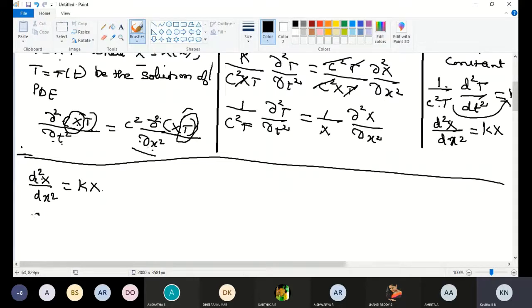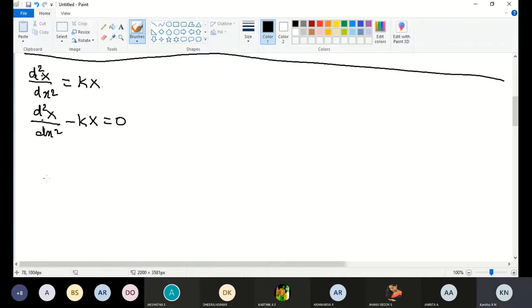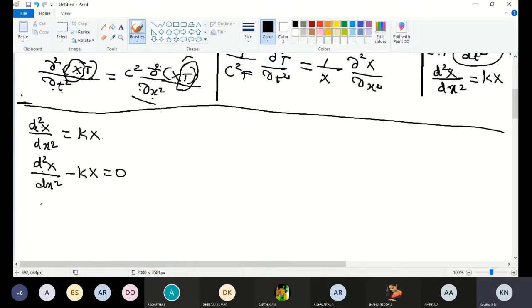Then d square X by dx square, kX shifted to LHS: capital K capital X is equal to 0. One more equation is there, no?